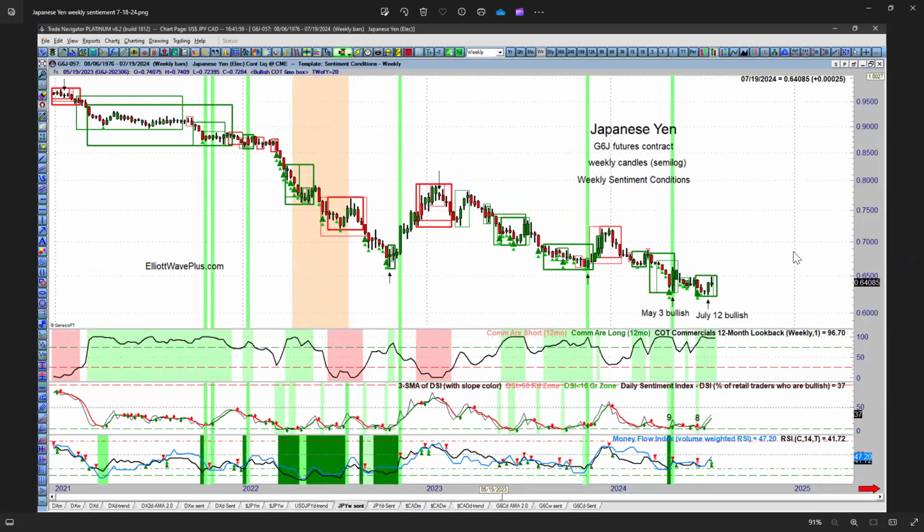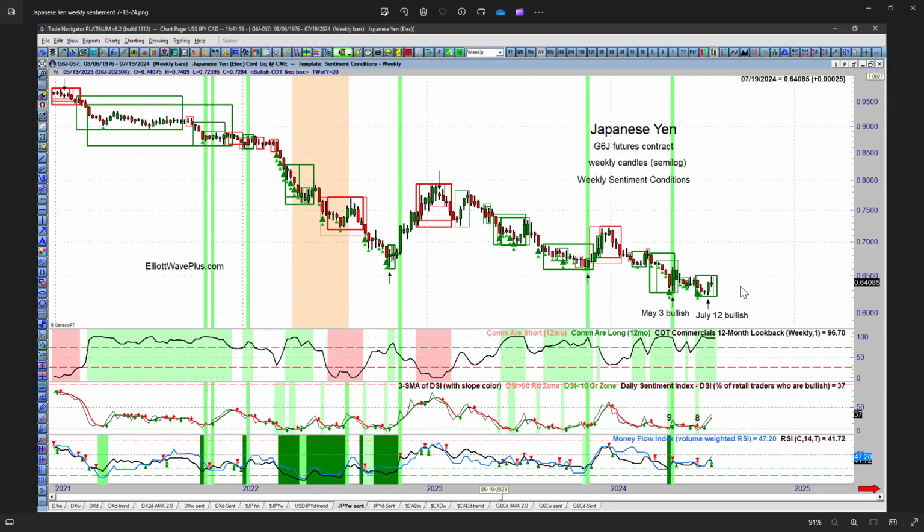Here's one of the more bullish charts that you'll see as I show you through these weekly sentiment conditions. And it's on the Japanese yen, which has been ripping lower, and has many people claiming that it's going to collapse. They start using real exciting words like collapse, just like some people with the Russell lately, when it soared.